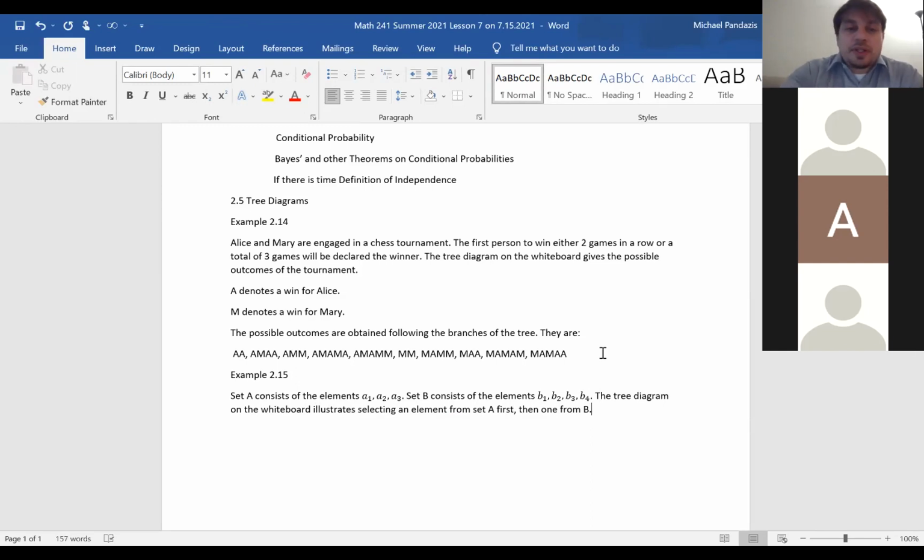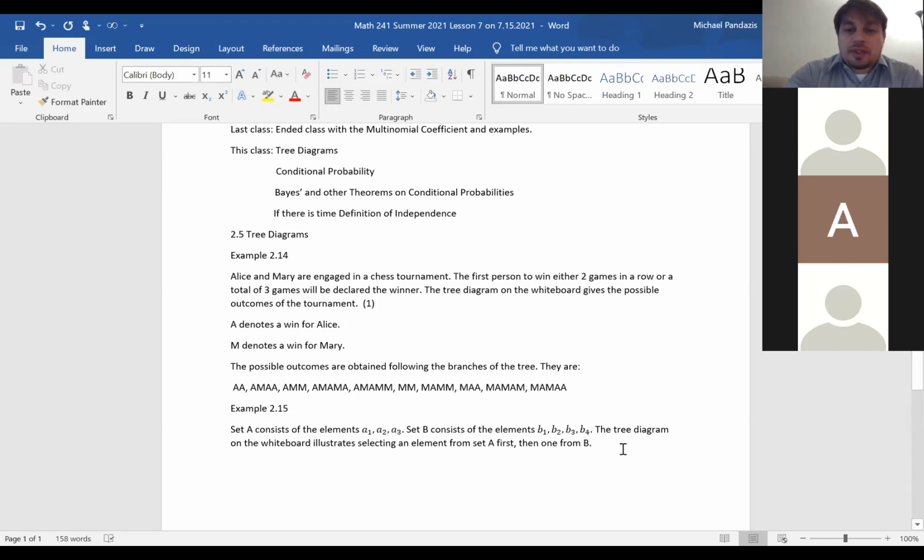Okay, so what I'm going to do is I'm going to label this as 1, and I'm going to label this tree diagram as 2. Okay, so set A consists of the elements A1, A2, A3, and set B consists of the elements B1, B2, B3, and B4. The tree diagram I'm about to draw is going to select all the ways of selecting first an element from set A, and then afterward an element from set B. So I labeled 1 and 2.